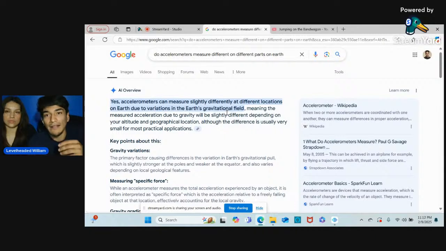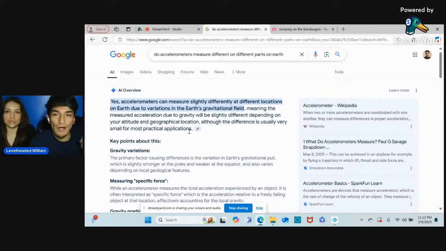Again, the fact is, due to variations in the Earth's constant motion. Meaning the measured acceleration due to gravity will be slightly different depending on your altitude and geographical location, although the difference is usually very small for most practical applications.